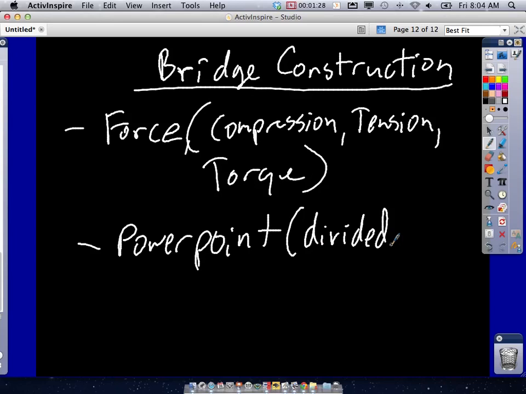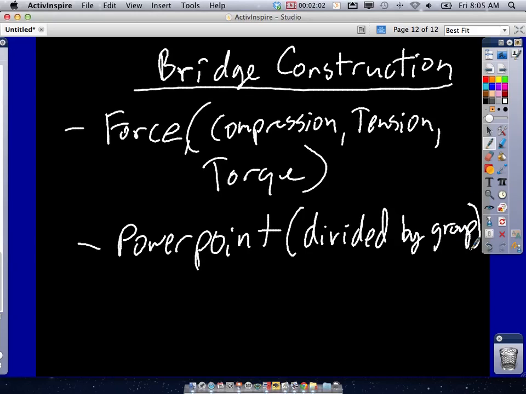I want this PowerPoint divided by the group. So if you do 20 or 21 slides, then I want to know at the bottom of every page who made that slide. Okay, because everybody has to make their slides. So that needs to be done.